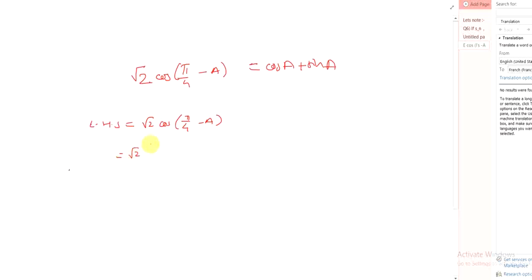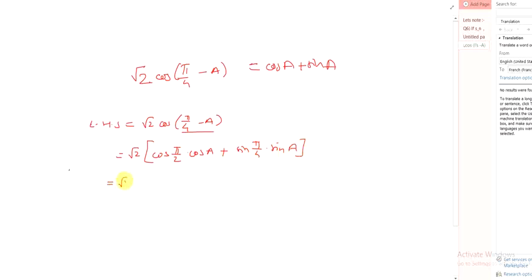So root 2 as it is, in square bracket cos of pi by 4 minus A, by using the formula for A minus B. So cos A minus B is cos A cos B plus sin A sin B, isn't it?